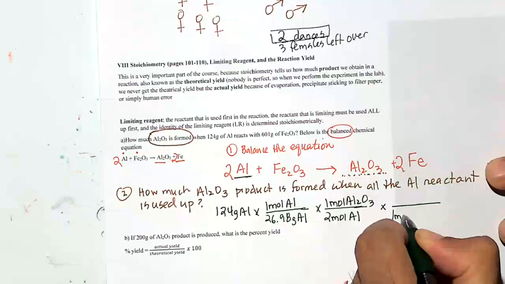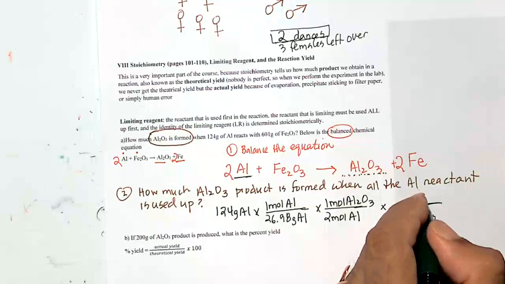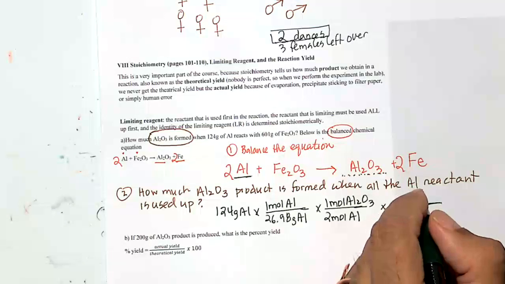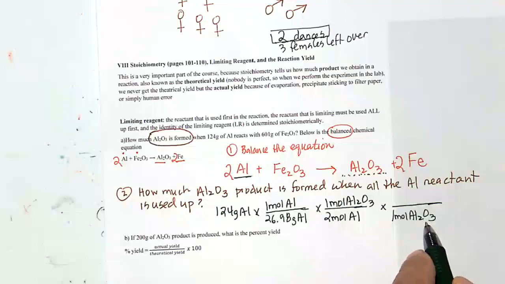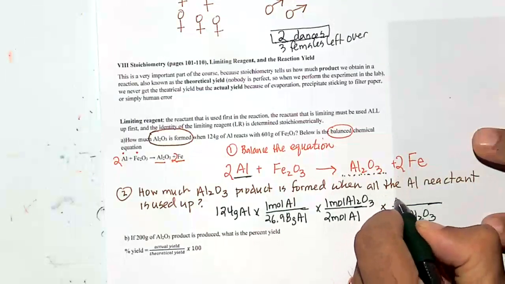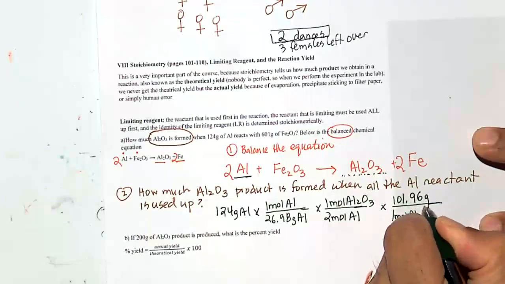And for every 1 mole of Al2O3, how many grams will you get? From the periodic table, Al times 2, oxygen is about 16 times 3. I went ahead and did that already. You add them up, it's about 101.96 grams.